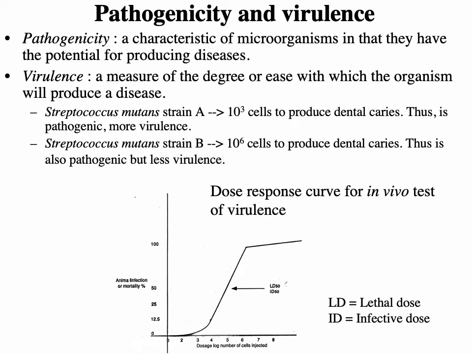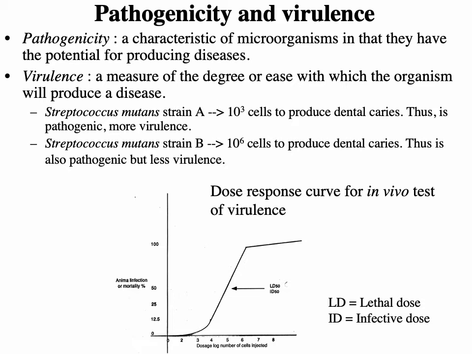Let's say you have two strains of Streptococcus mutans. As I mentioned earlier, Streptococcus mutans can cause dental caries. Let's say you're able to do an animal experiment, a rat model of dental caries.